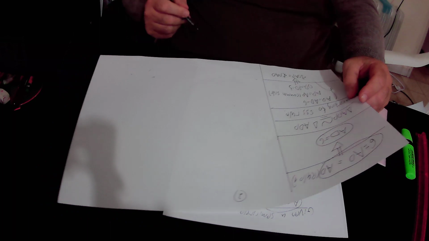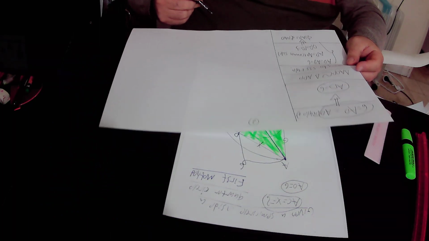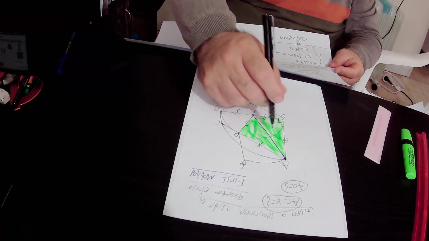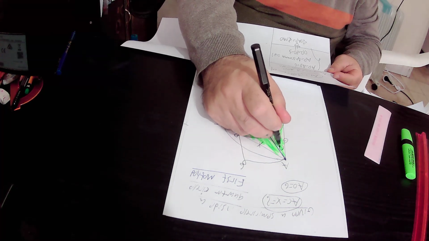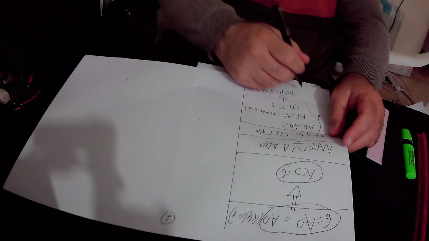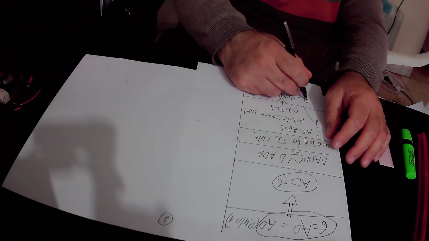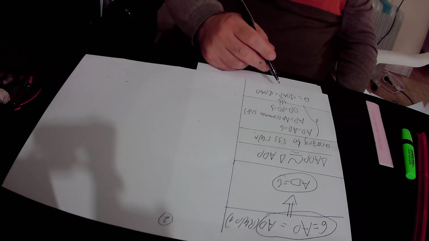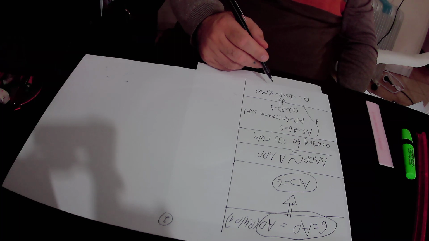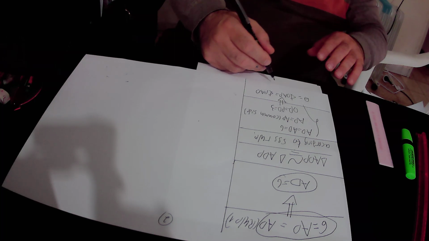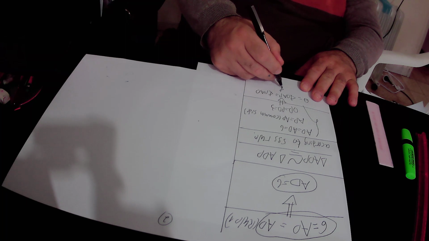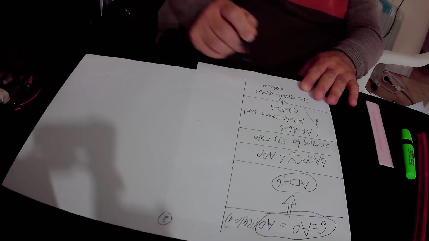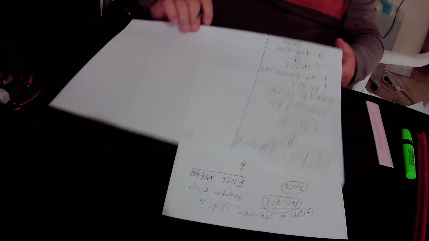If we define angle OAP as theta, then from the equation theta equals angle OAP equals angle PAD, we derive that angle PAD is also equal to theta.